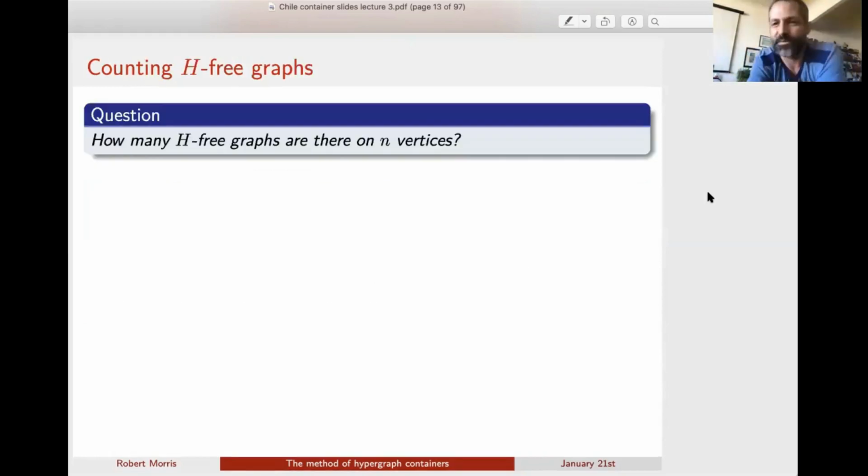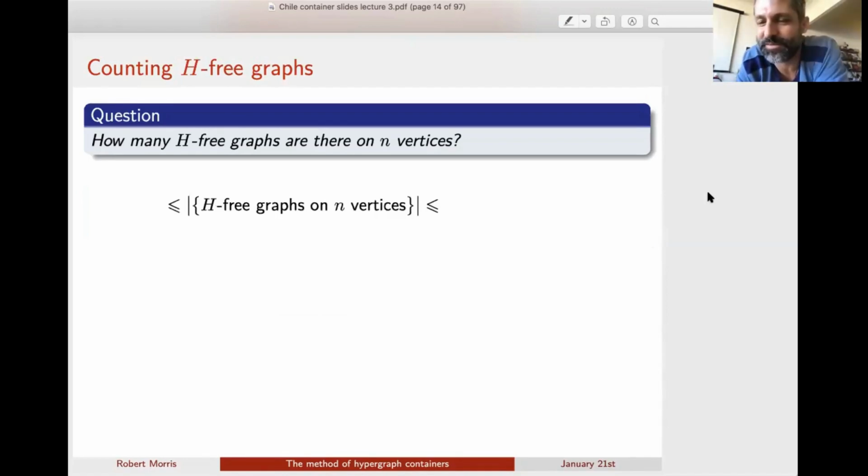So, question: how many H-free graphs are there on n vertices? This is a very basic question from graph theory. Who can give me an easy lower bound and an easy upper bound?